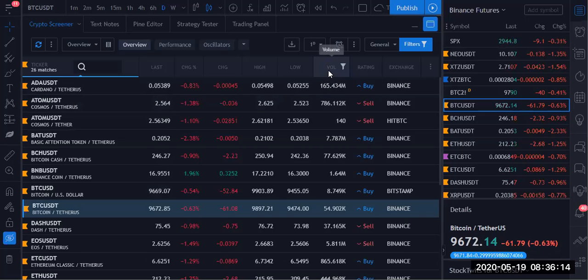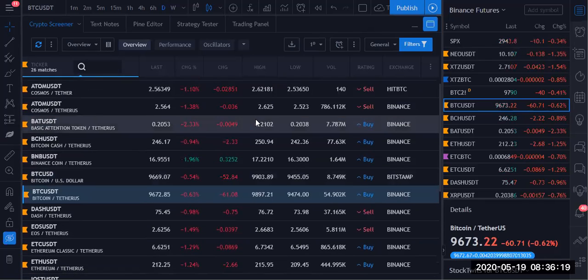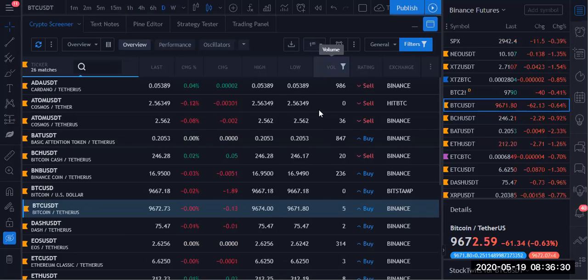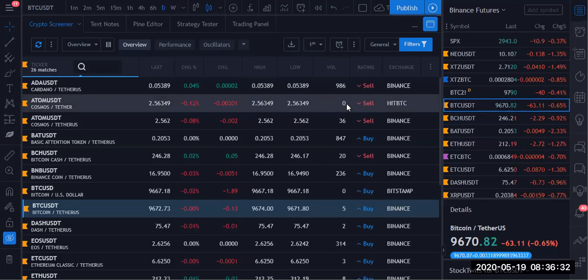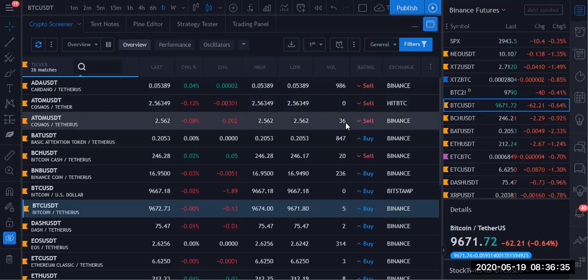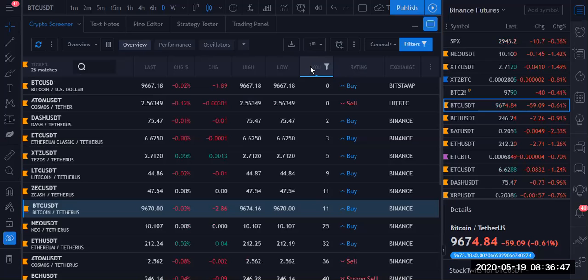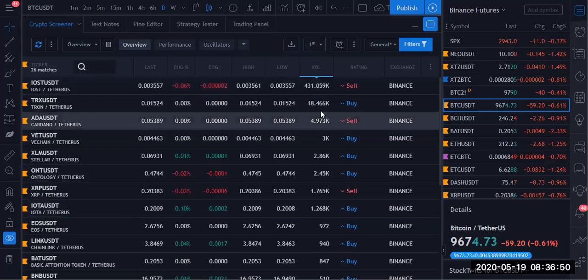But you can go through this. You can set it to volume change. You can set it to different levels. This is set to a 1 day period of time, even though we can do the 1 minute, and it'll show you the volume. 0 on HitBTC, 36 on Binance, and you would set it from the highest to the lowest.